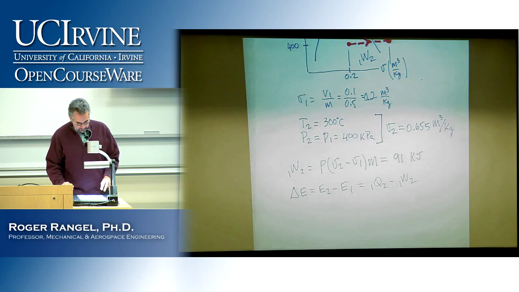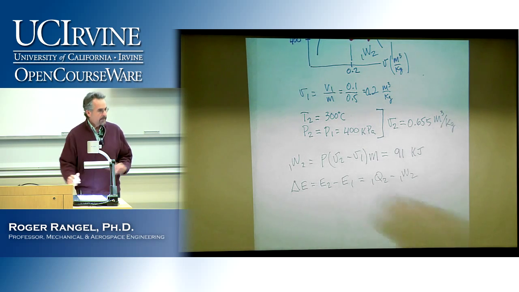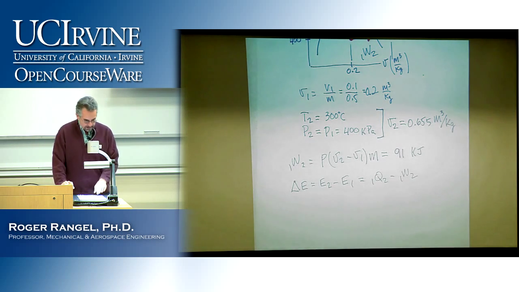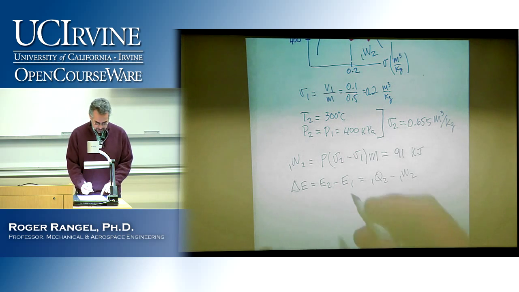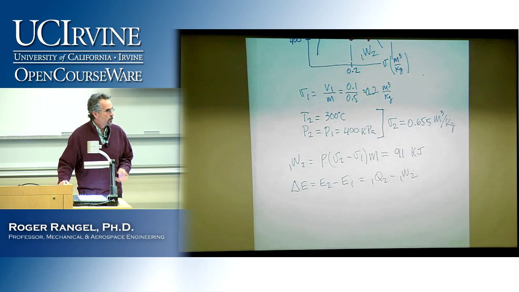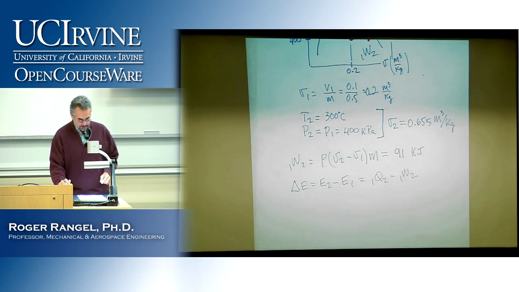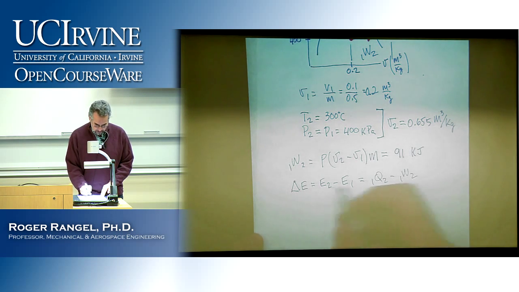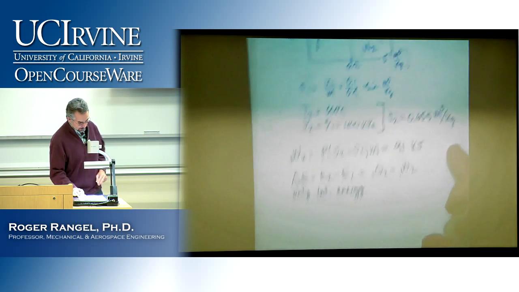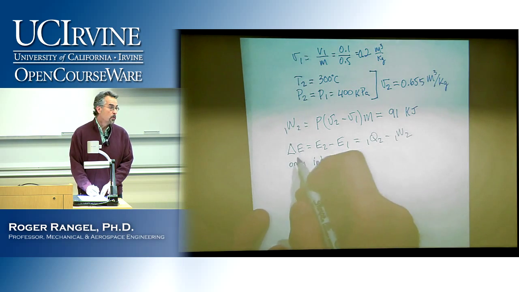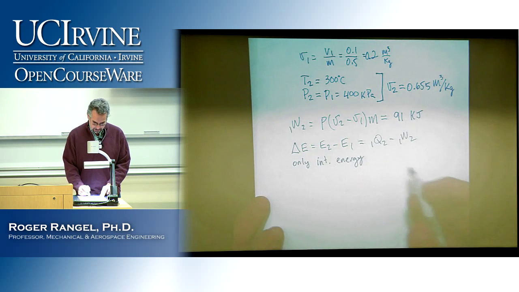I just computed W12. Then I need to make an assumption, because this is total energy. And the common assumption is to say that you will neglect any form of energy other than internal energy. So if only internal energy is considered, then this equation is now delta U instead of E2 minus E1.